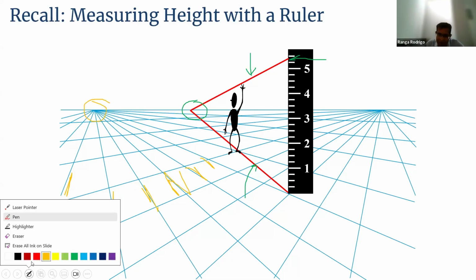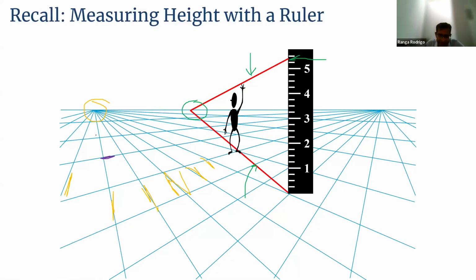That's one family of parallel lines. Take another family of parallel lines. These are parallel, parallel, parallel. That family of parallel lines, they are parallel to each other. Where do they meet? They meet at the horizon. Now these two red lines, they also meet at the horizon. You can clearly see that. That's how we drew it.